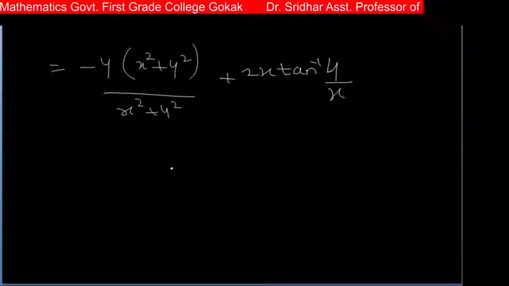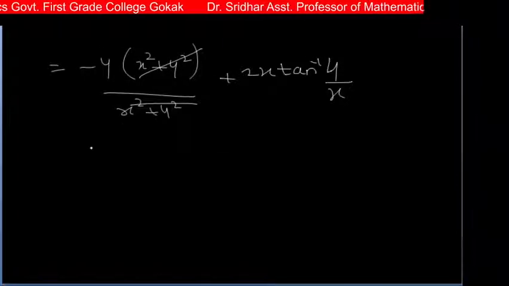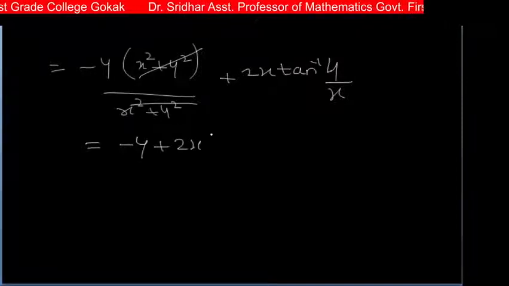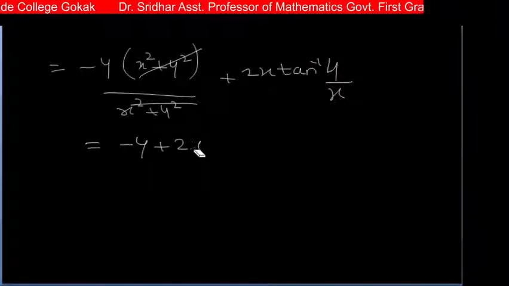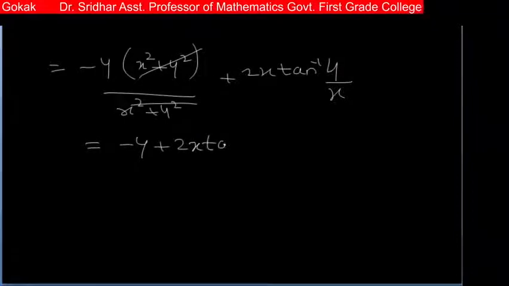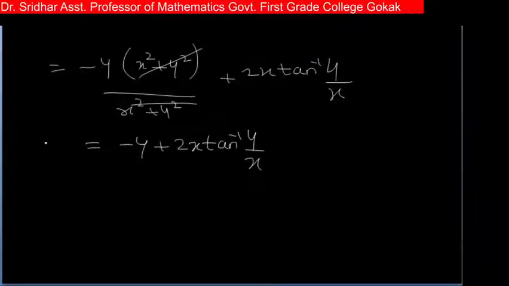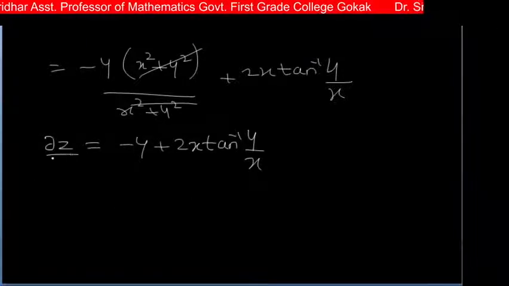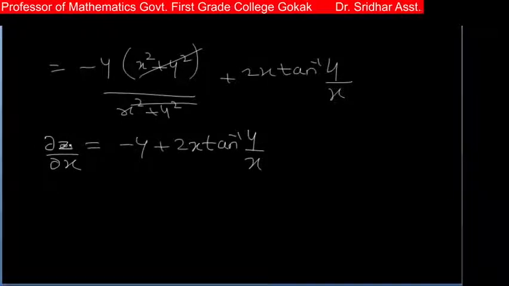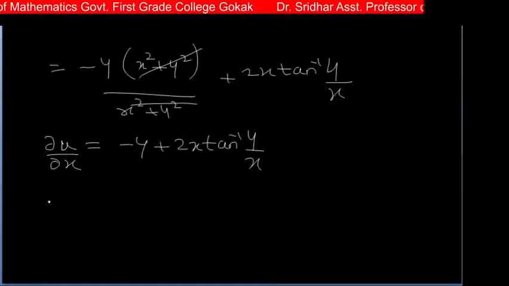So this x square plus y square gets cancelled. So which is equal to minus y plus 2x into tan inverse of y by x. So this is what dou u by dou x.